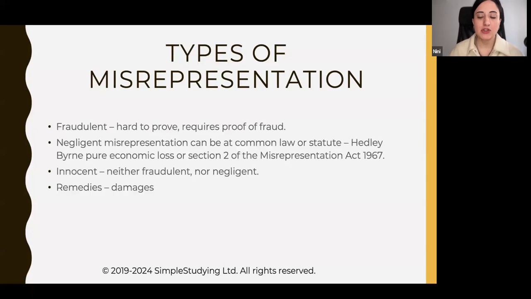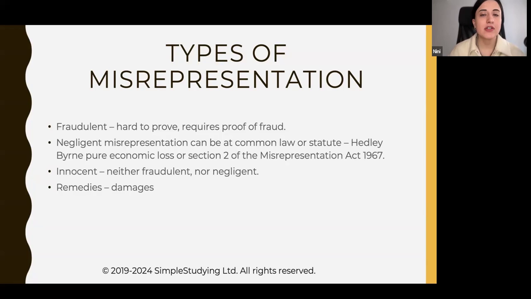You should be able to understand what is the difference between the two. Both are negligent and both are misrepresentation, but what's the difference? The first one is at common law and is assessed through the Hedley Byrne test, the special relationship test. The second one is the statutory one, from Section 2 of the Misrepresentation Act 1967.